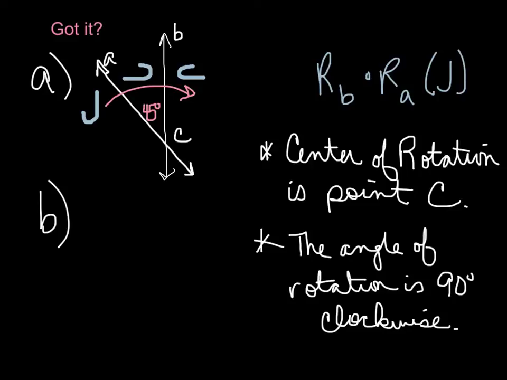Whenever you have intersecting lines and you reflect something twice, you get a rotation. The center of rotation, here are your conjectures. The center of rotation is the intersection of the lines.